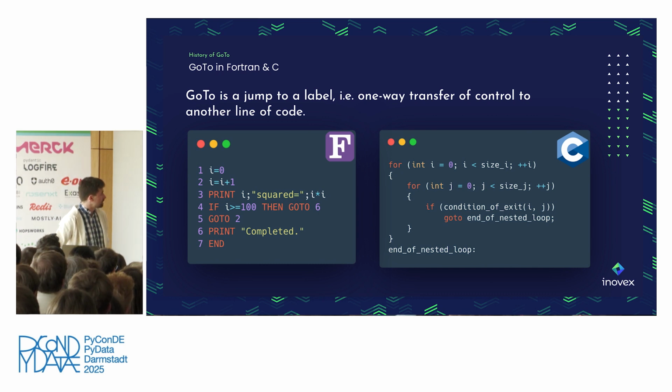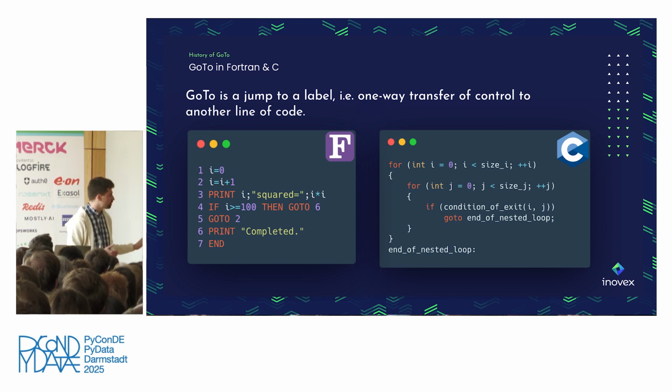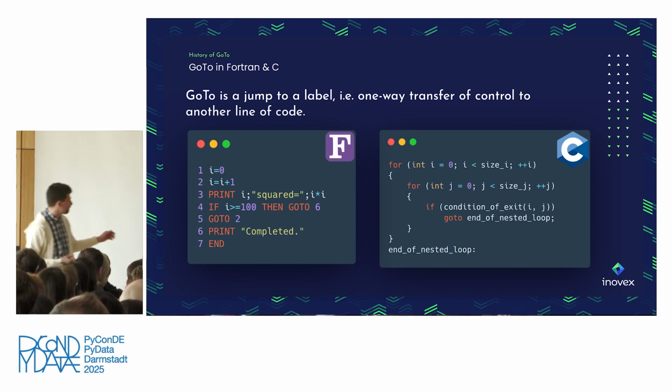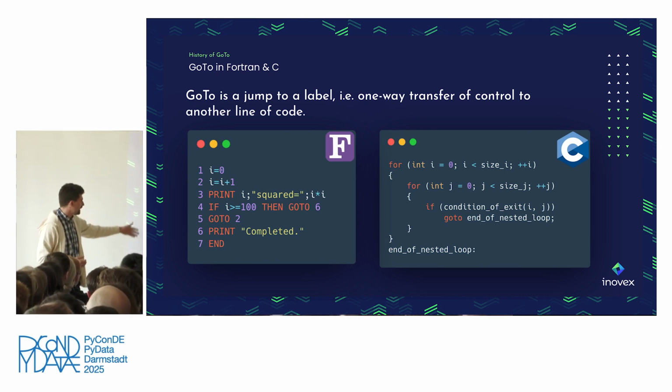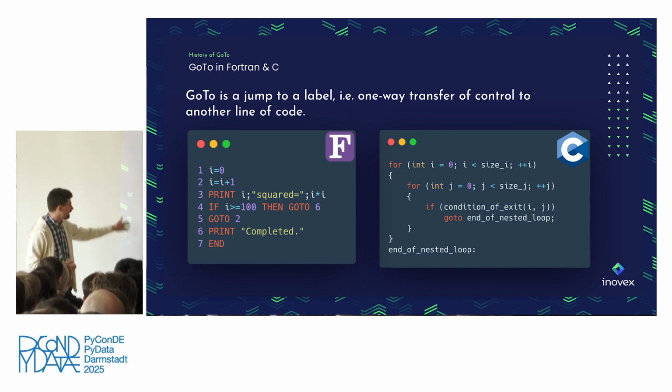So first of all, what is a Goto? It's just a kind of jump to a certain label. So if you have your control flow in your program, you're just transferring the control flow to another line. So how does it look in practice? This is some really old Fortran code, I think version 1 from 57, where we can have labels in the first column.